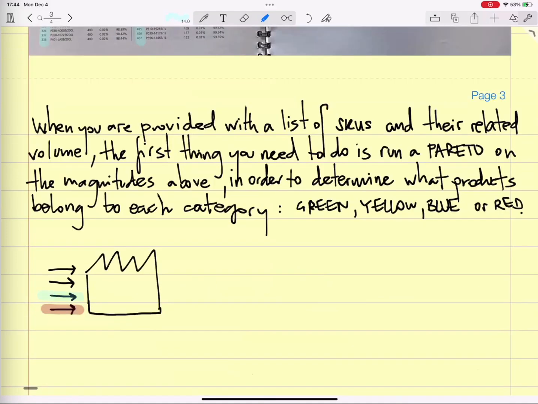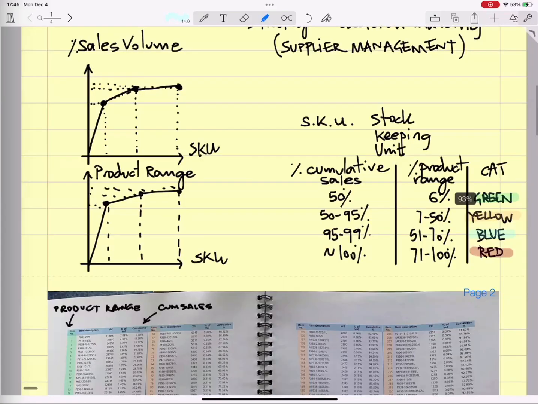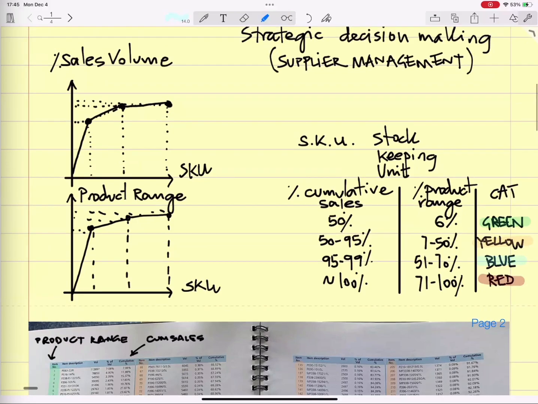They might be relevant, but without 4%, you can leave, right? The yellow products represent 43%, 44% of your product range and 45% of your volume sales. So these are also relevant.